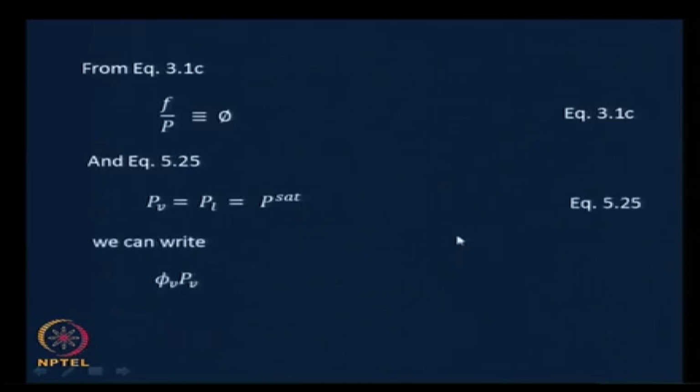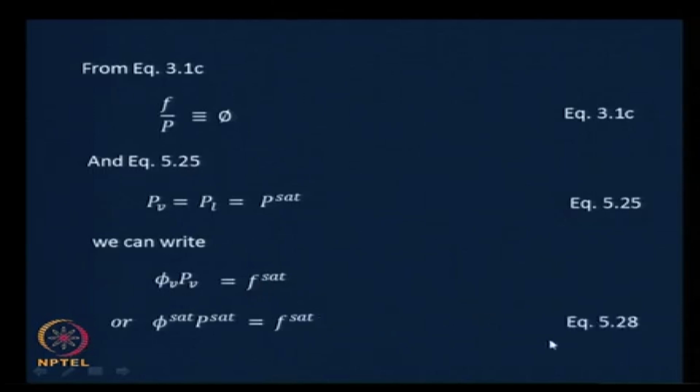Therefore, we can write phi V PV equals f sat, or phi sat P sat. Phi V is nothing but the phi value under the saturated conditions in this particular system, which is vapor liquid equilibrium. P is P sat, and therefore that equals f sat.